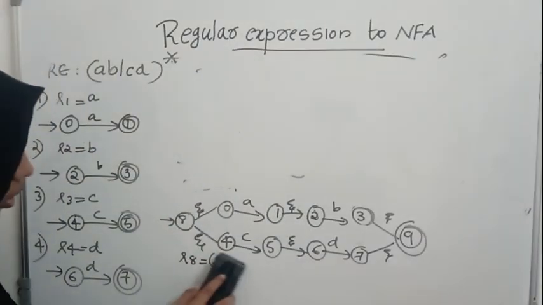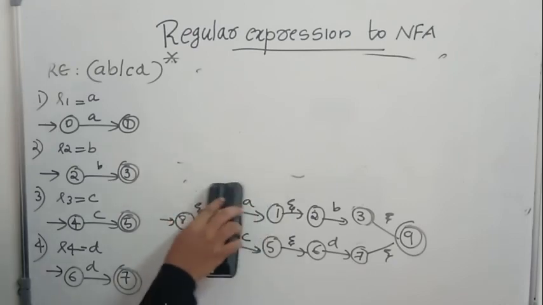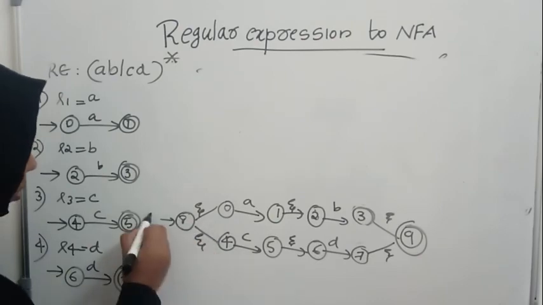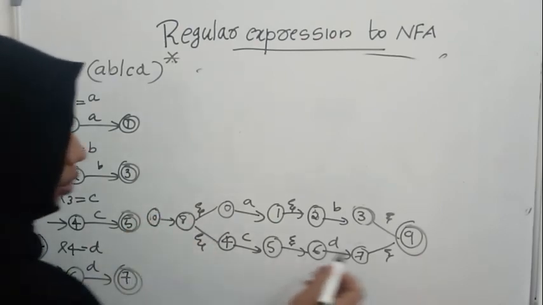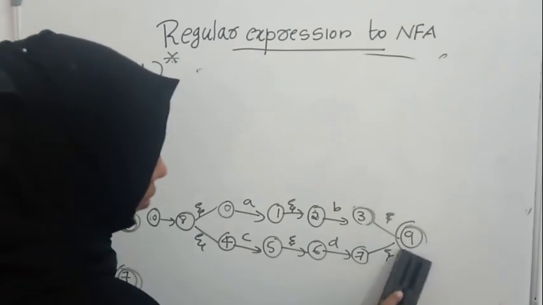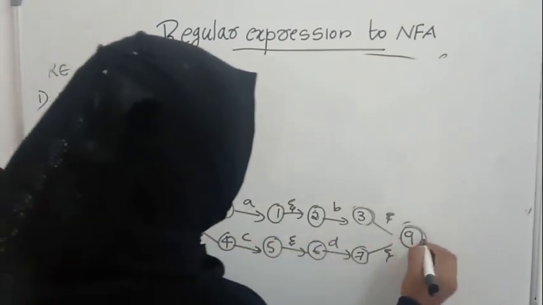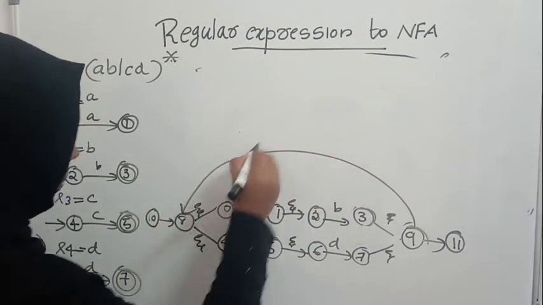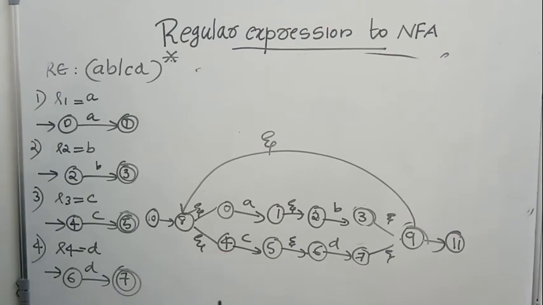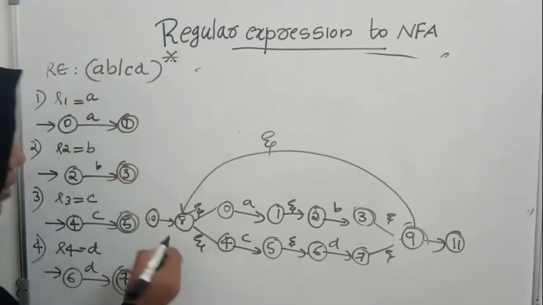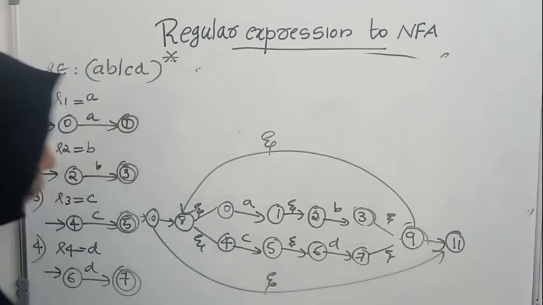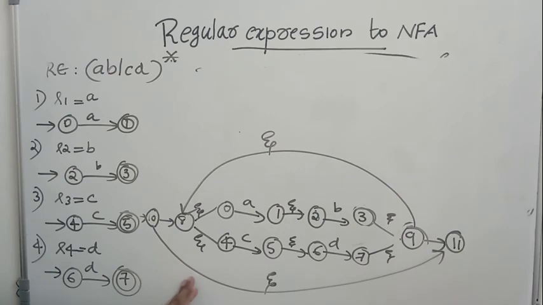To draw R7 star, what you have to do is include a new start state, say 10, and include a new final state, so 11. Now loop this so that it can be repeated any number of times. R7 the whole star means even if R7 is absent, this is fine. So you can directly go from the start state to the final state upon epsilon. So this is the final NFA for (AB | CD)*.